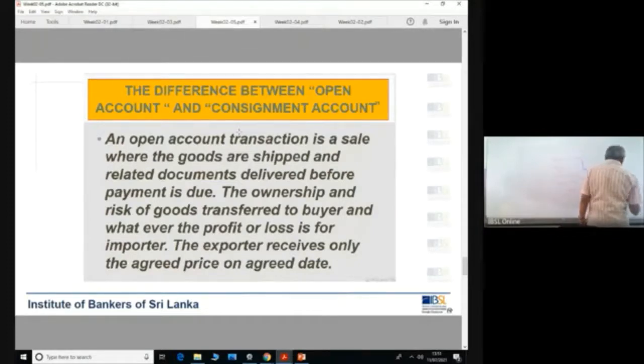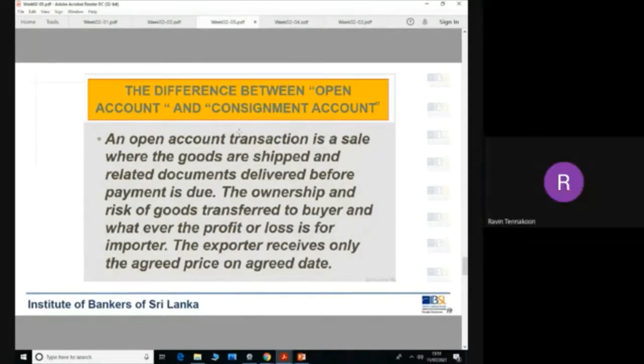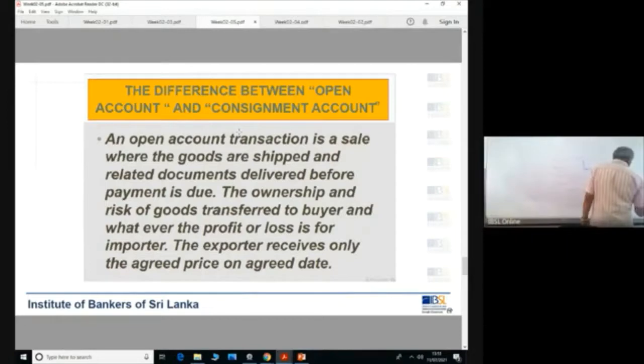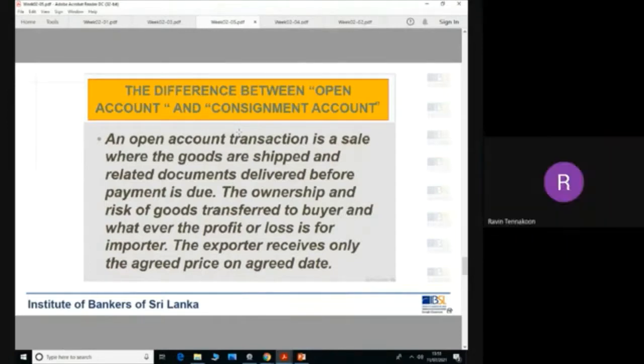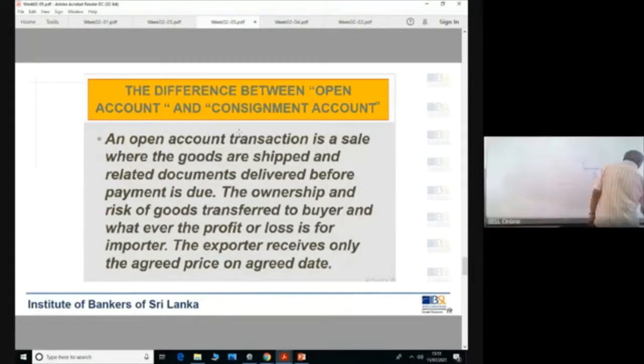That means 62,500... sorry, 6,250. Yes. His consignment profit is 6,250.